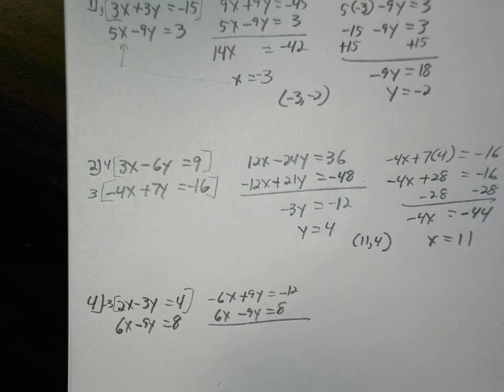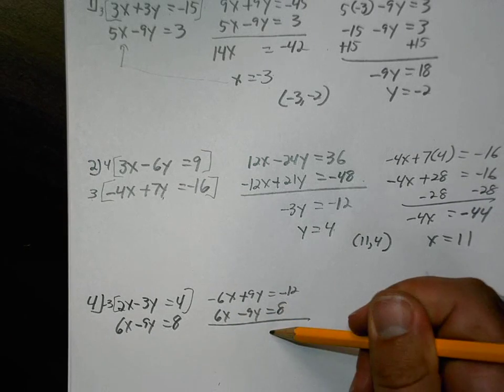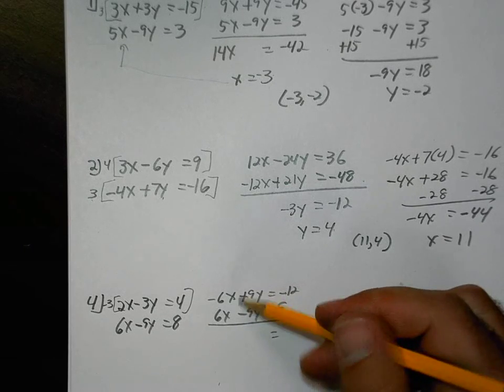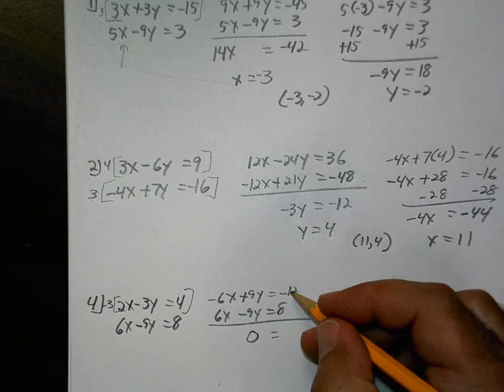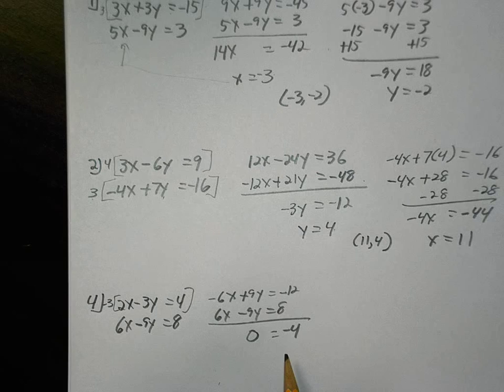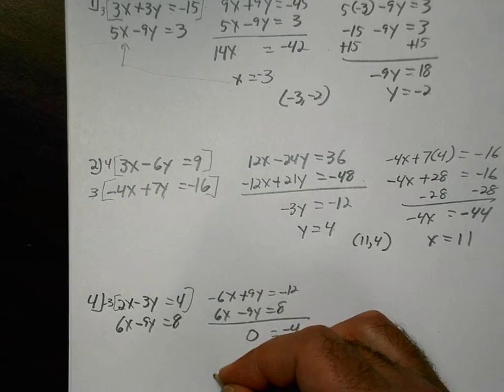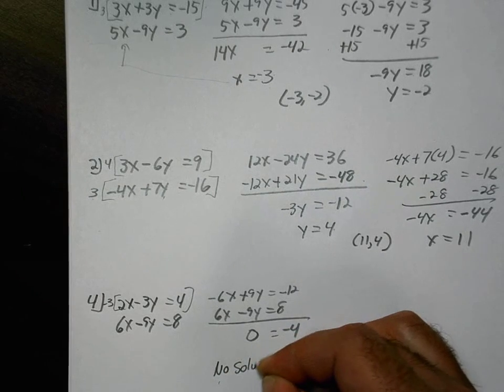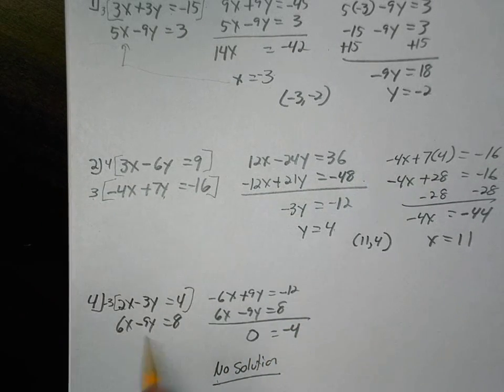Okay, but what happens here? Not only are the x's eliminated, the y's are eliminated as well. There's nothing left over on the left side, and this adds up to -4. This 0 equals -4 makes no sense at all. Therefore, we have no solution. If I was to graph these, I would have parallel lines.